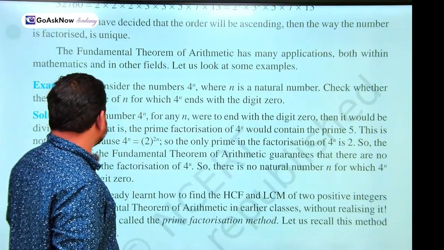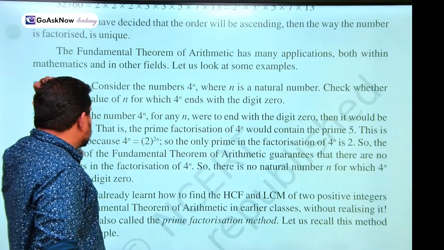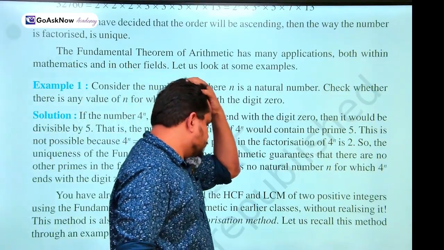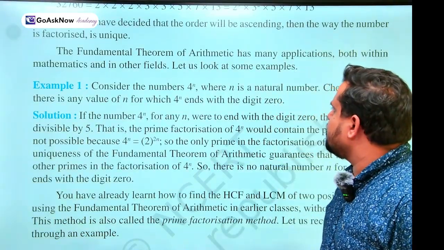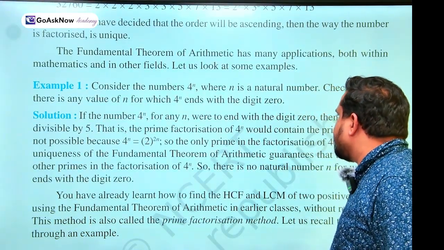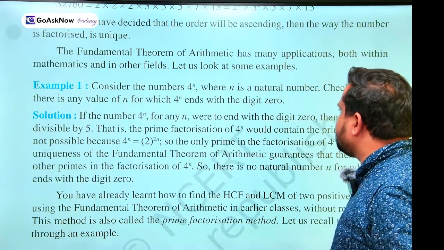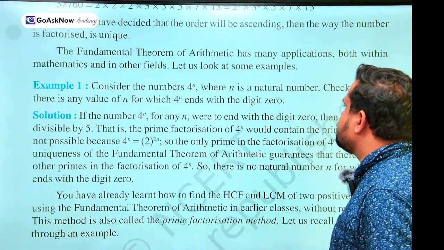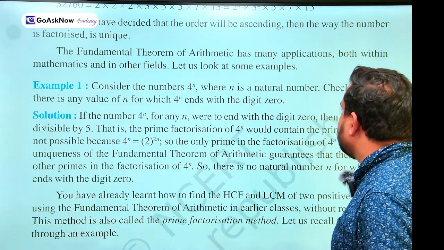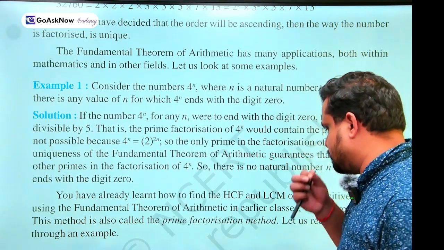Now, example number 1. Here we will discuss: consider the numbers 4 to the power n, where n is a natural number. Check whether there is any value of n for which 4 to the power n ends with the digit 0.